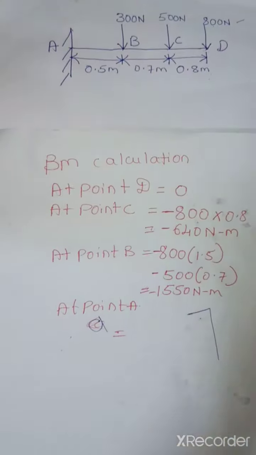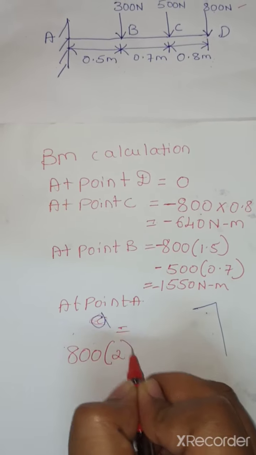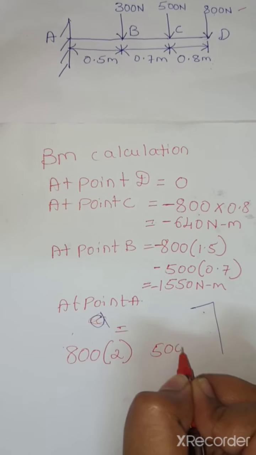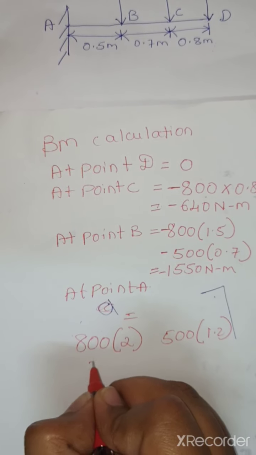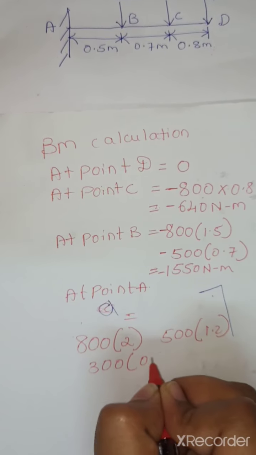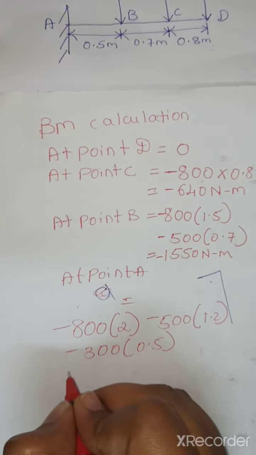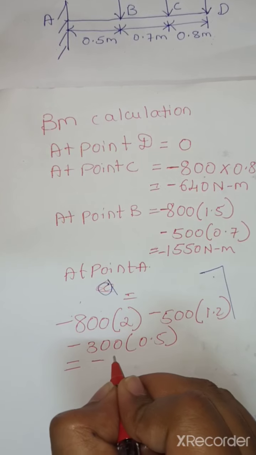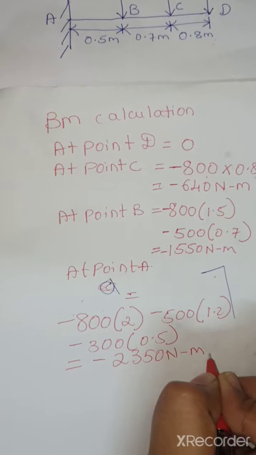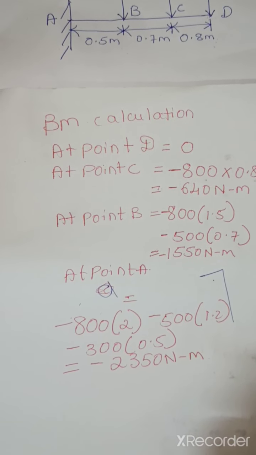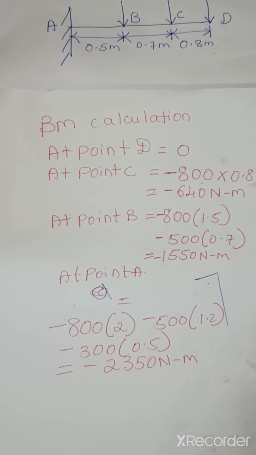So this is the total moment which is acting. All three are acting in the clockwise direction, so all three are considered to be negative. So it is 2350 Newton meter. So this is all about the calculation of bending moment at the respective points.